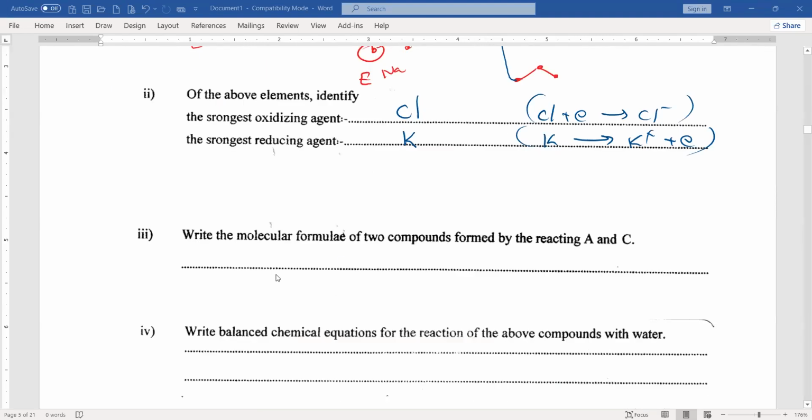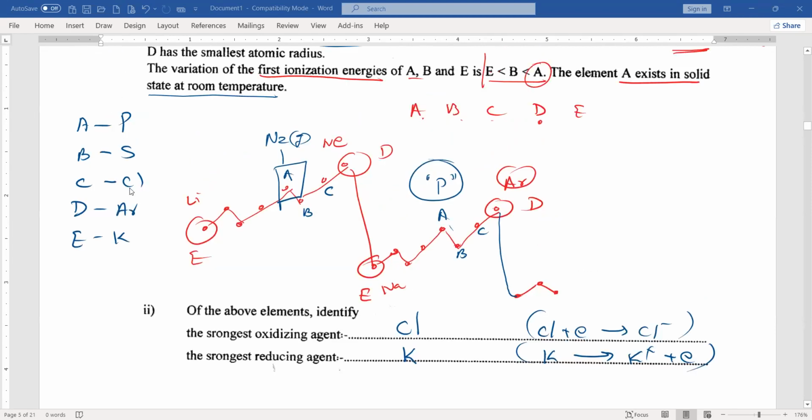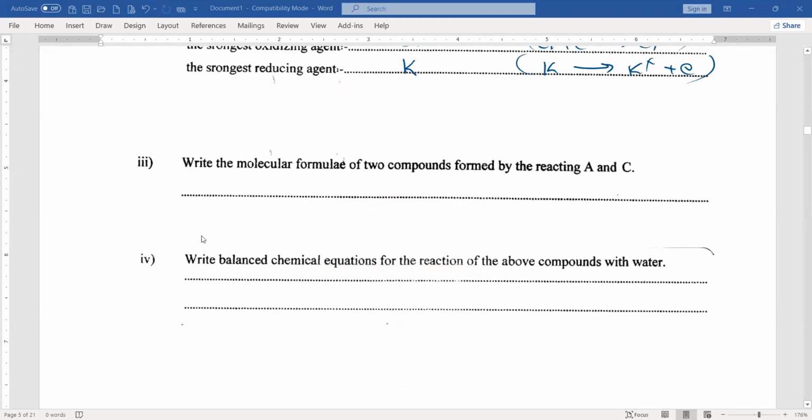Then write the molecular formula of two compounds formed by reacting A and C. That is P and Cl. One is PCl3, the other one is PCl5. Phosphorus can form two chlorides like this, but nitrogen cannot.